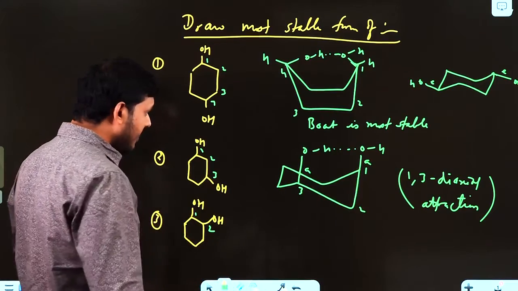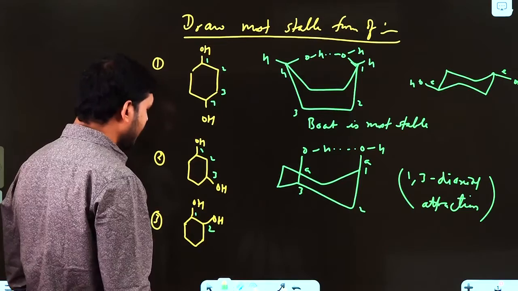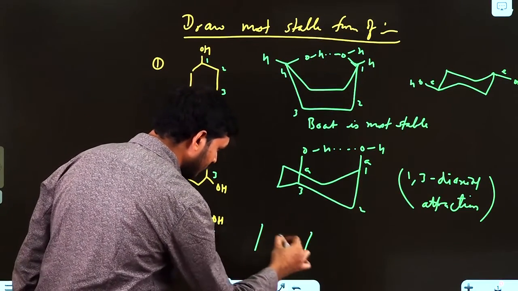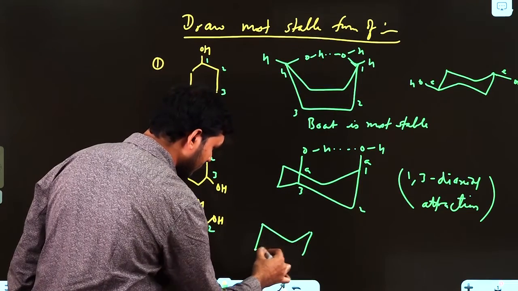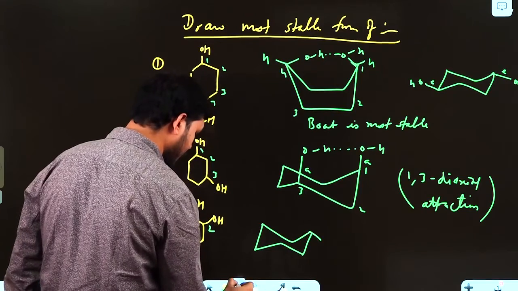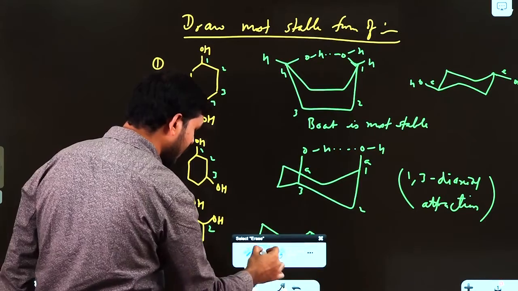So here if I draw this cyclohexane in 1,2, I think everyone must have drawn this part. Okay, so let's clear it out.